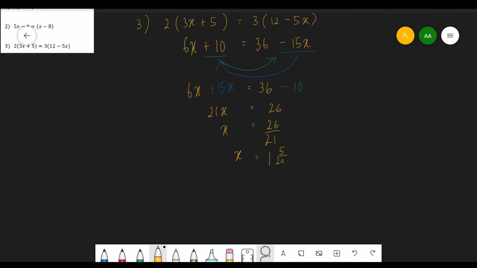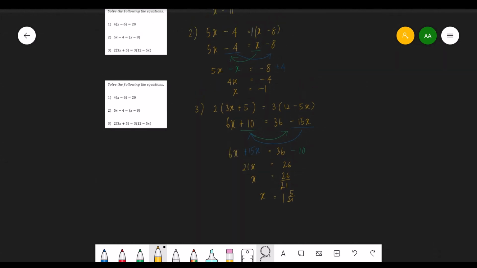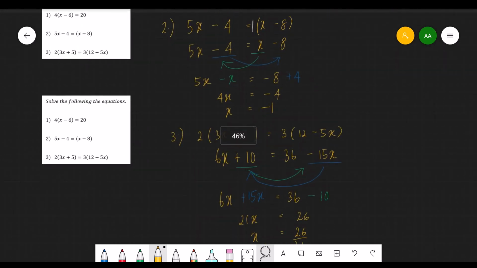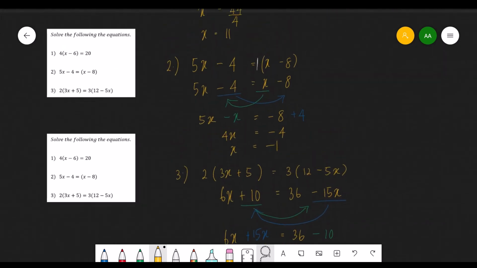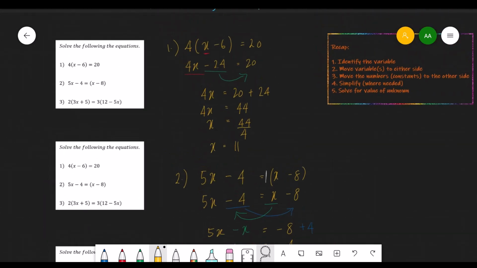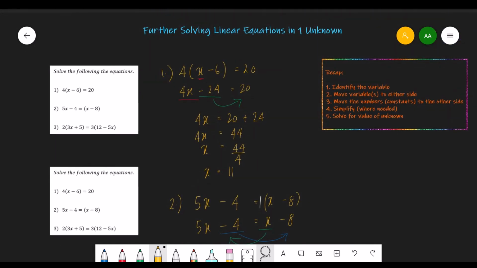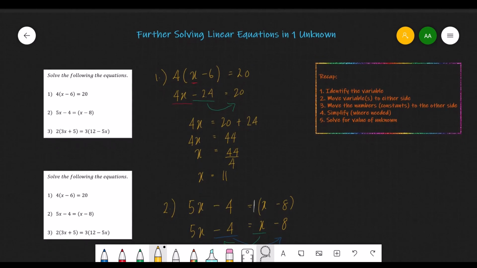Okay guys, not rocket science, but what's important that you can see from here is our ability to expand properly. If we can expand properly, there is no problem in doing this kind of questions. Just remember, at the end of the day, when we do solving, we must have a value for your unknown.